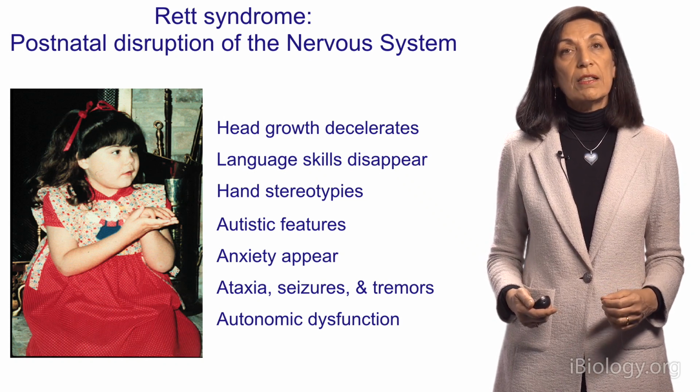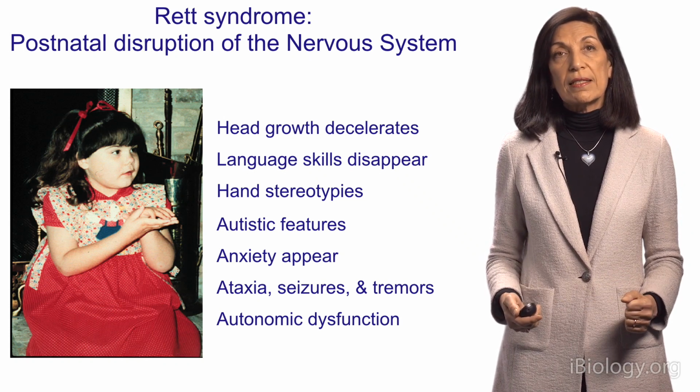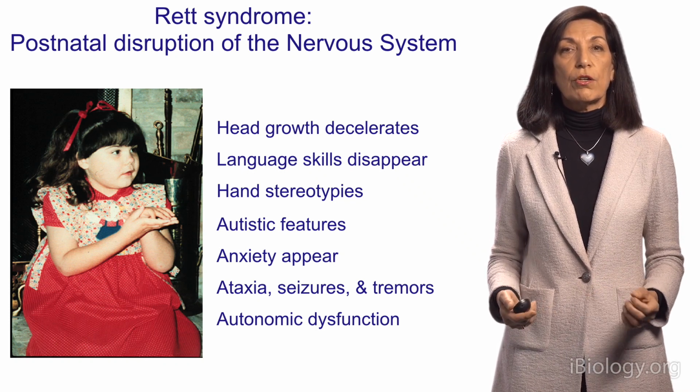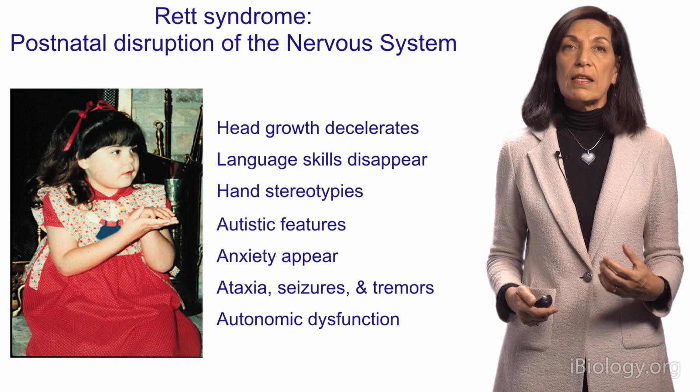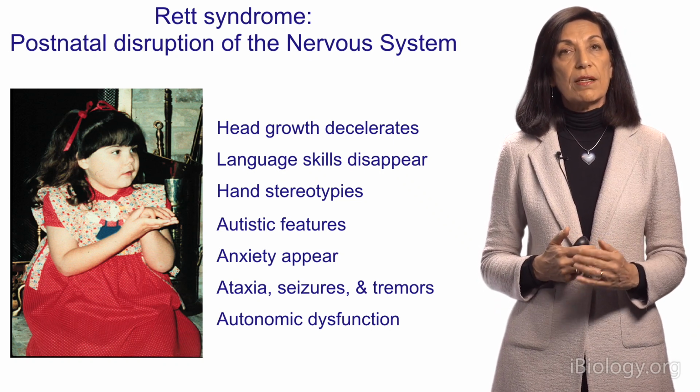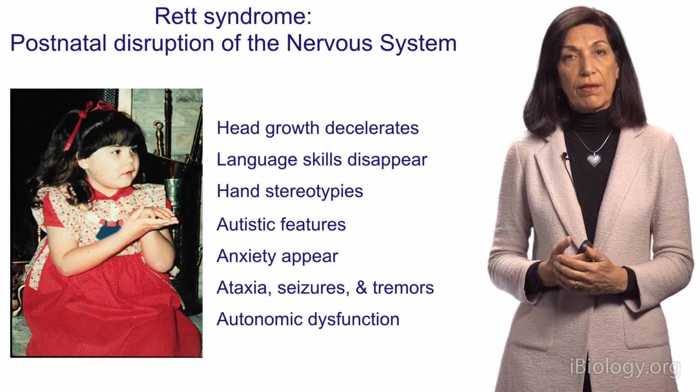And her parents noticed that she's no longer communicating. She used to rhyme some songs with them. She no longer did that, lost all her language skills. And instead of using her hands, she started wringing her hands. And you see her in this picture holding her hands together.